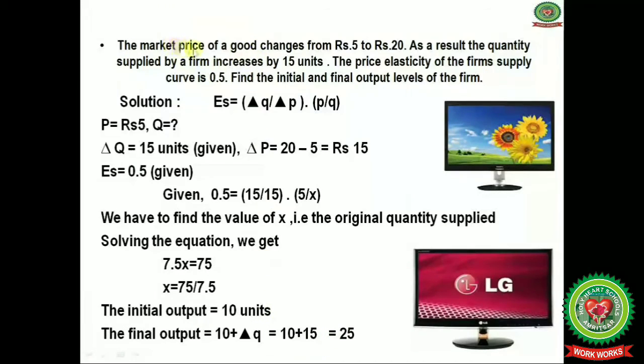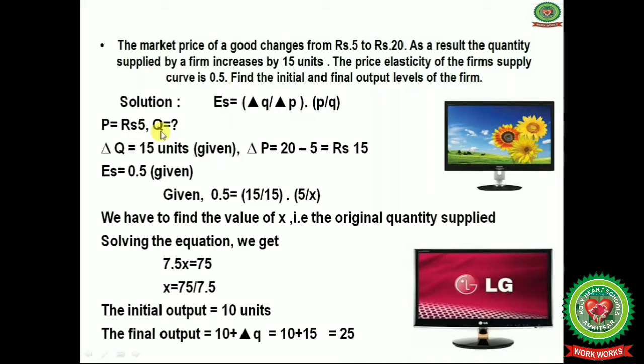Next numerical: the market price of a good changes from rupees 5 to rupees 20. As a result, the quantity supplied by a firm increases by 15 units. The price elasticity of the firm's supply curve is 0.5. We have to find the initial and the final output levels of the firm. Solution: you know the formula, delta Q upon delta P multiplied by P upon Q. Here P is given as rupees 5.